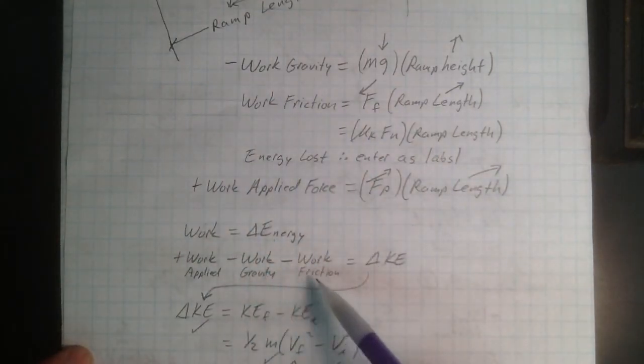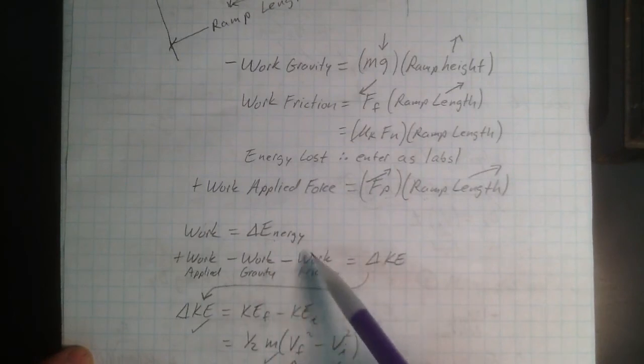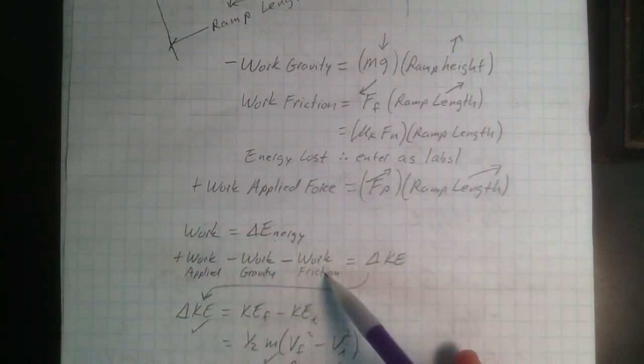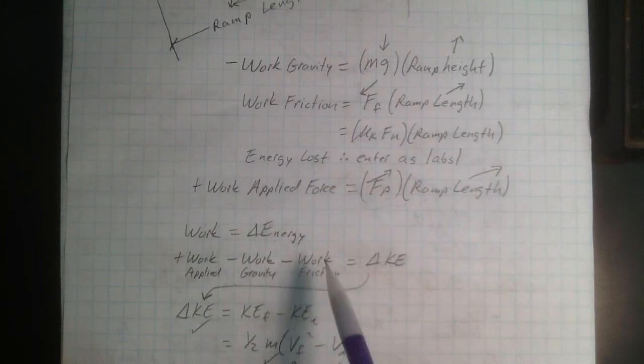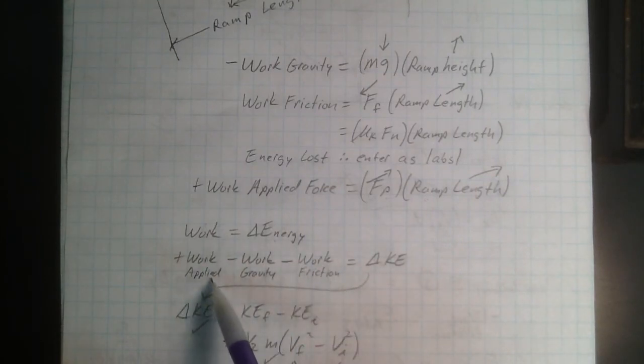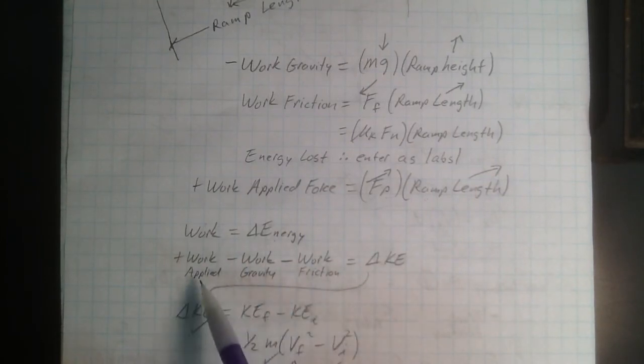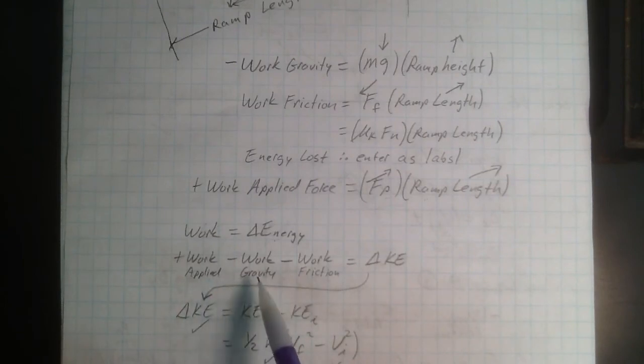So when we put this term in here along with this stuff right here, we're kind of taking care of that change in potential energy. Not as directly as I like, but indirectly. Okay, so what we can do is just do an accounting of my work. So I've got a positive work applied.